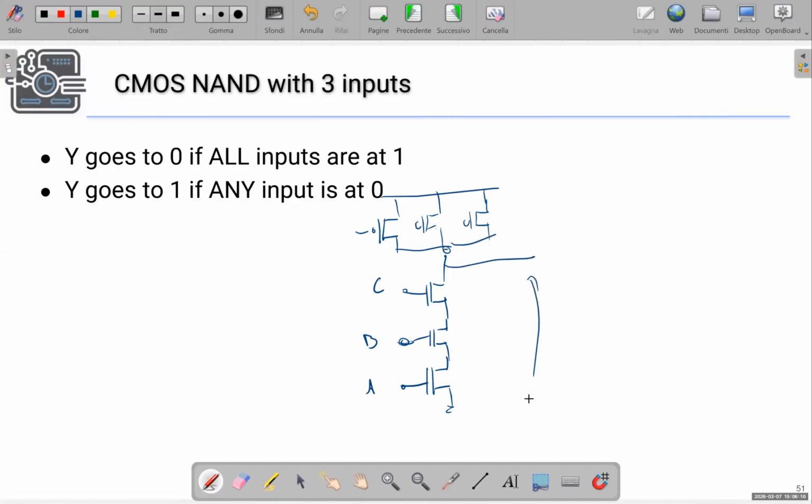This is the output voltage Y, and the inputs A, B, and C.